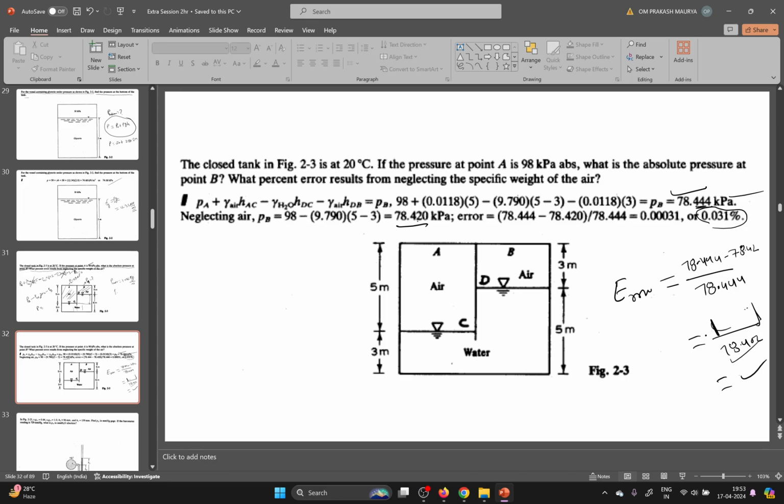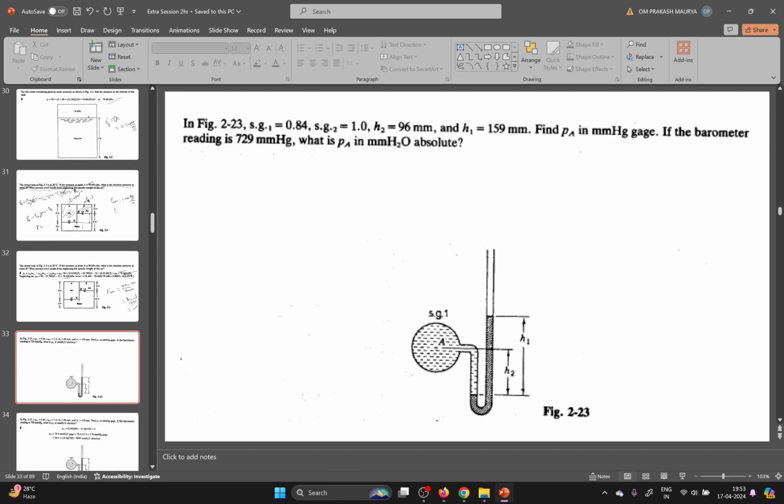So always remember, when you calculate error, always ask yourself, or see whether the question very clearly states whether we need error with respect to the previous one or this one. Remember, sometimes the question setter tries to confuse the student.